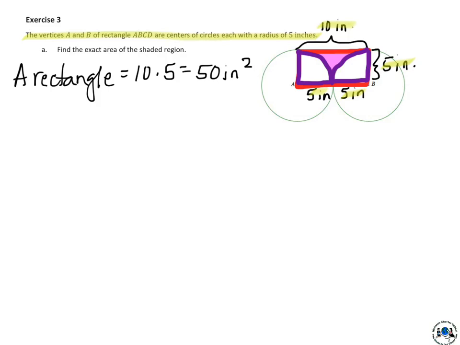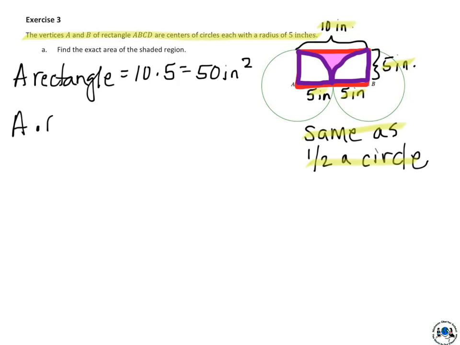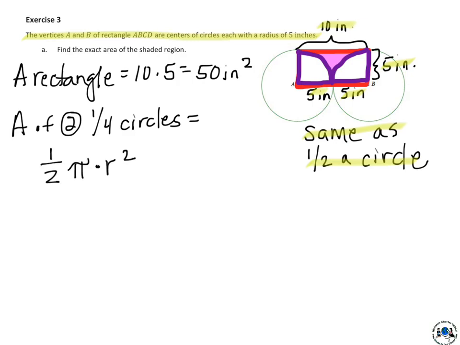Now I'm going to calculate the area of those two quarter circles. And remember, those two quarter circles, just like we saw before, are the same as half a circle. So the area of 2 quarter circles equals 1/2 pi times r squared.